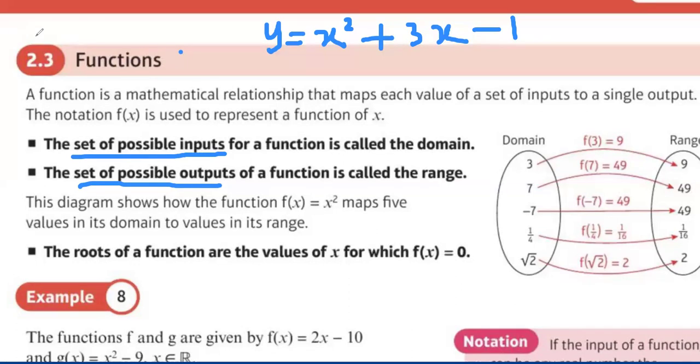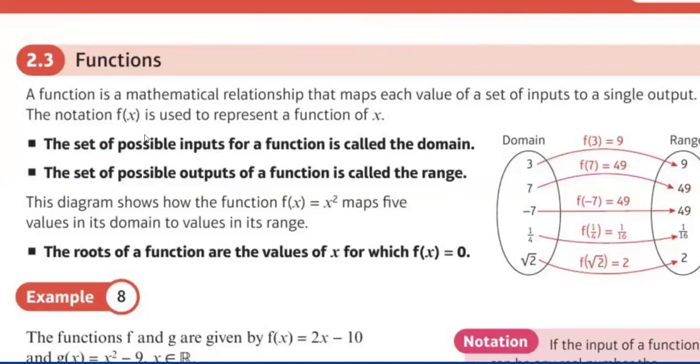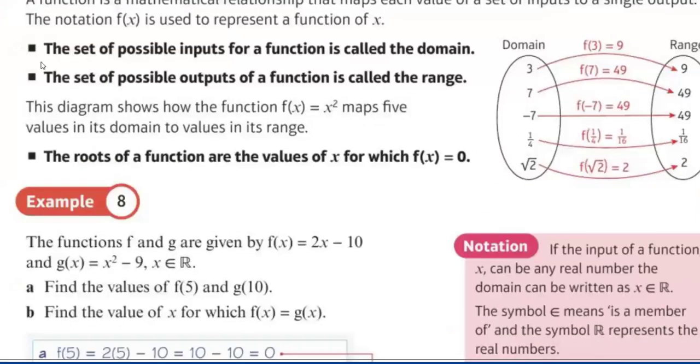We can consider some example to understand that. In this example, f(x) is like this. Then the input variable is x. We can substitute any number for the x values.